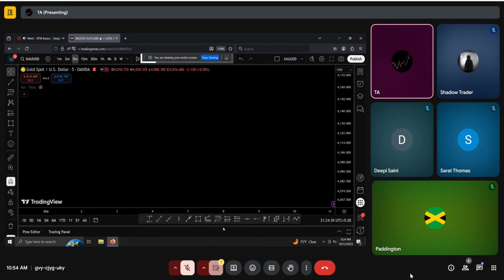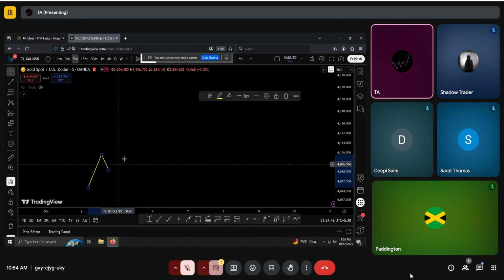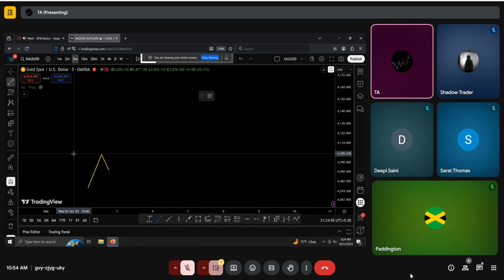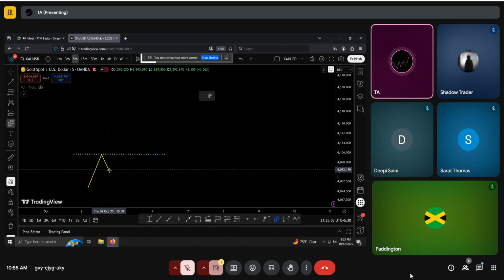Price moves like this, pulls back. What does this mean? There is some resistance which is forcing the price to go back down, right? Here we have some resistance. But after pulling back, price goes up again, right?